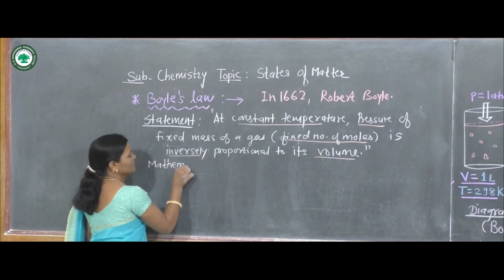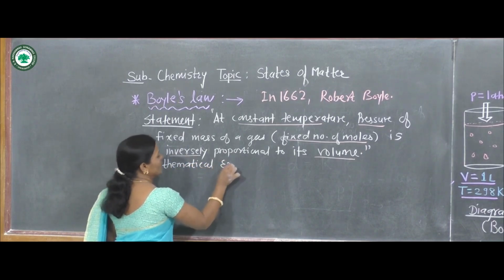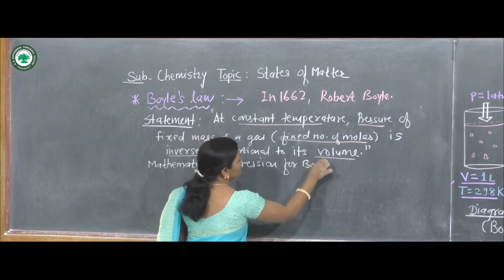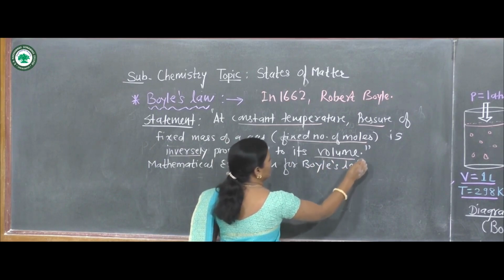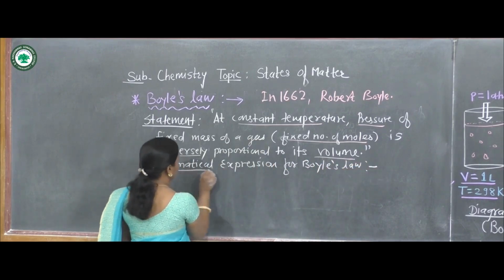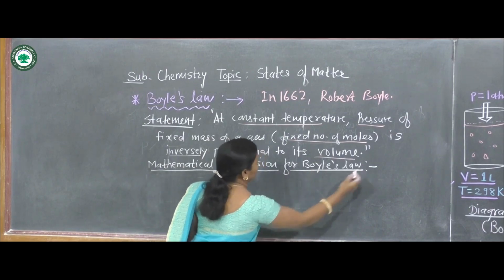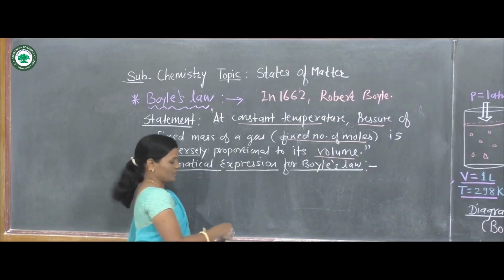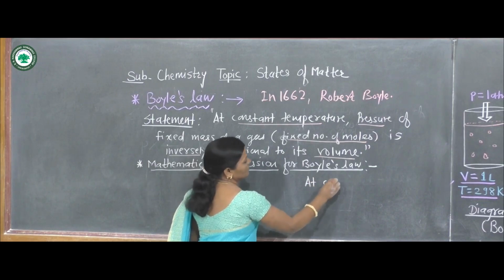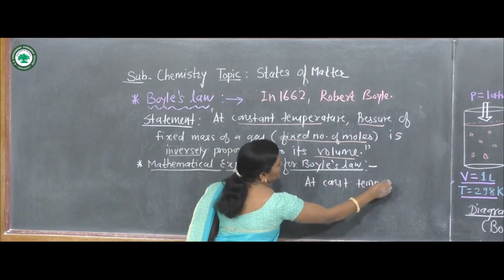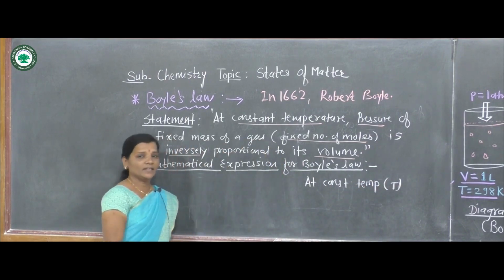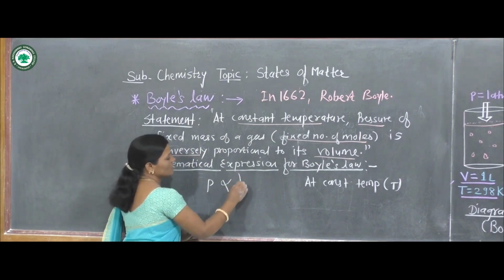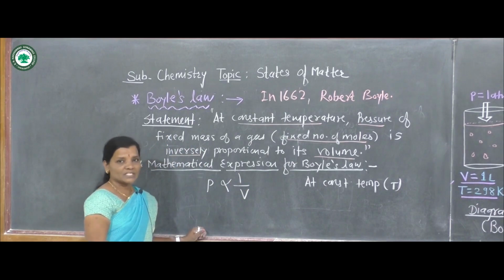Mathematical expression for Boyle's law: at constant temperature, suppose this temperature is T Kelvin, pressure of a fixed amount of gas is inversely proportional to the volume of that gaseous system.